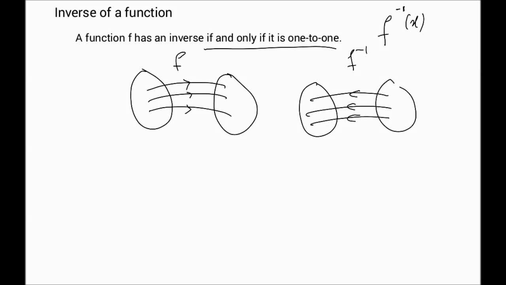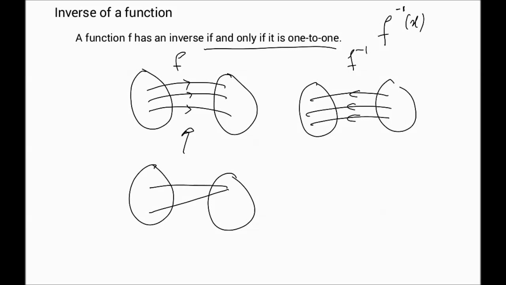Now, try to understand. If the function was not one-to-one, let me explain. This is a one-to-one function here. However, let me show you a function that is not one-to-one. Notice the problem in this case. If I were to try to go back from one value to 2 values, what would the inverse function be?